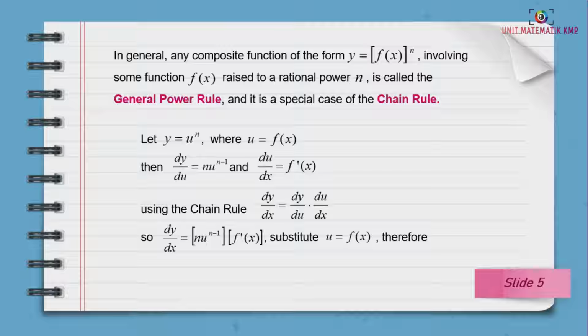And du/dx is equal to f prime x. Using the chain rule, dy/dx is equal to dy/du times du/dx. So, dy/dx is equal to n times u to the power of n minus 1 times f prime x. Then substitute u equal to f(x).